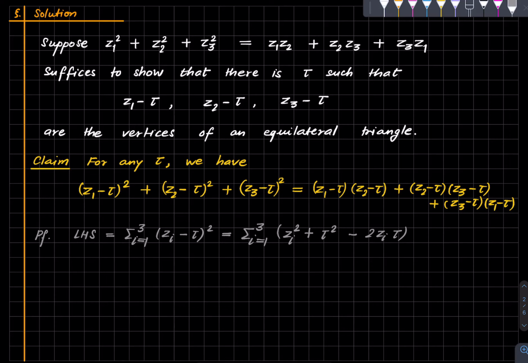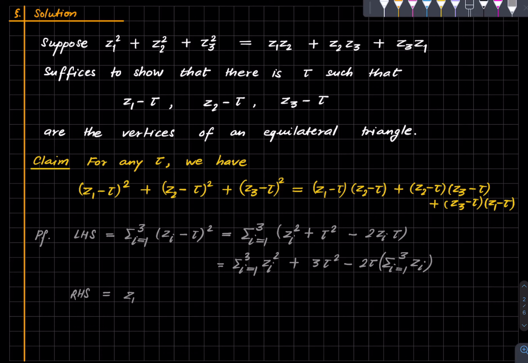So this is just some basic algebra, which is equal to summation i equals 1 to 3 zi square plus 3 tau square minus 2 tau summation i equals 1 to 3 zi. So I'll let you verify that what I've done is correct. So that's the LHS. The RHS is, here the summation notation will not serve us too much, but here there are 3 terms in the RHS.